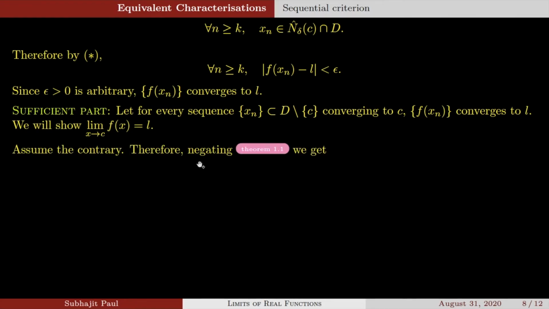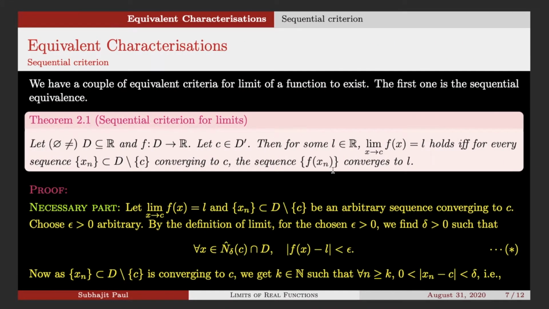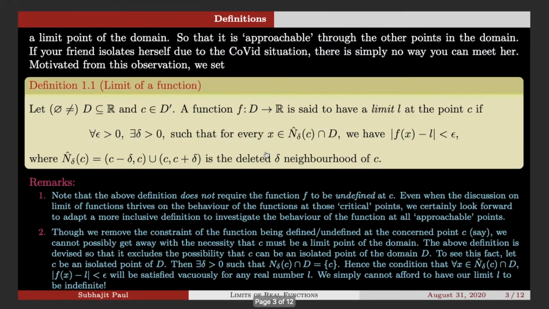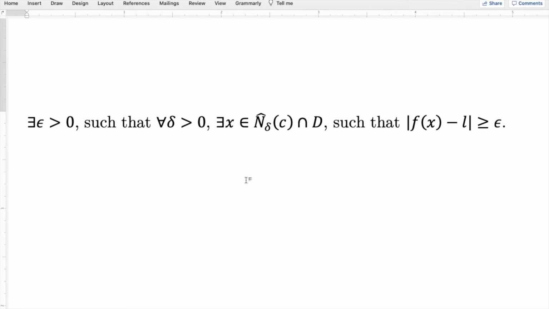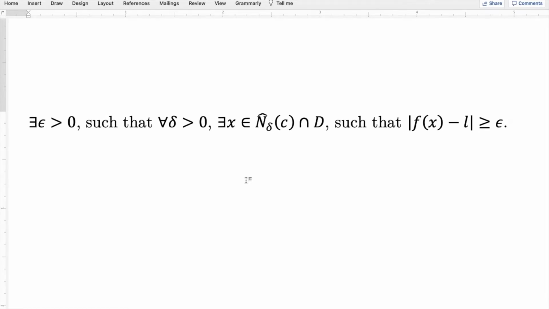Assume the contrary. Therefore, negating the definition of limit, we get, now tell me the negation of this definition. Yeah, this is perfectly all right. I want to put a little more precision in the notation. There exists epsilon greater than 0. We usually use epsilon as an arbitrary positive quantity, but since this is a particular epsilon we are talking about, it is not true for every other epsilon.